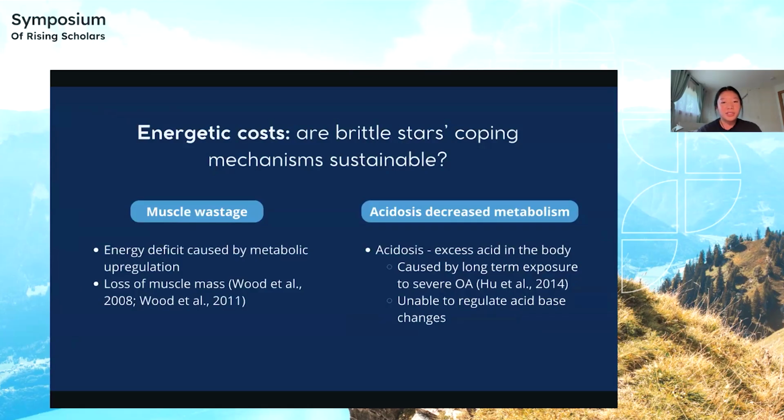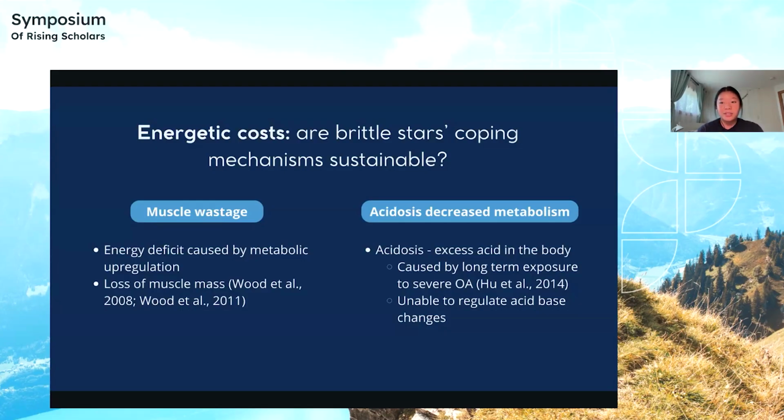So there were also some energetic costs that I found when I was evaluating the sustainability of physiological responses. Muscle wastage was observed because of an energy deficit caused by the increased metabolism, and this was manifested in loss of muscle mass in the brittle stars.